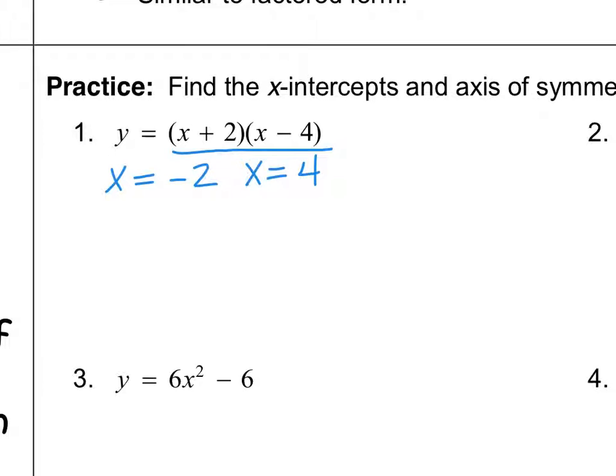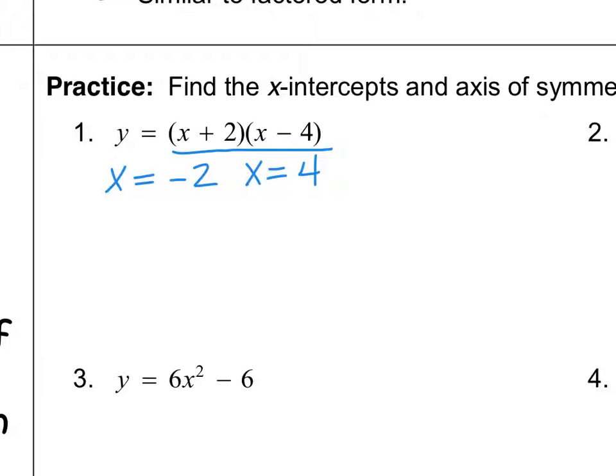Press second and table and scroll up to the -2, and when x equals -2, you'll notice that the y value is 0. Scrolling down where x equals 4, the y value is 0. So you know you have found your 2 solutions to this particular equation.